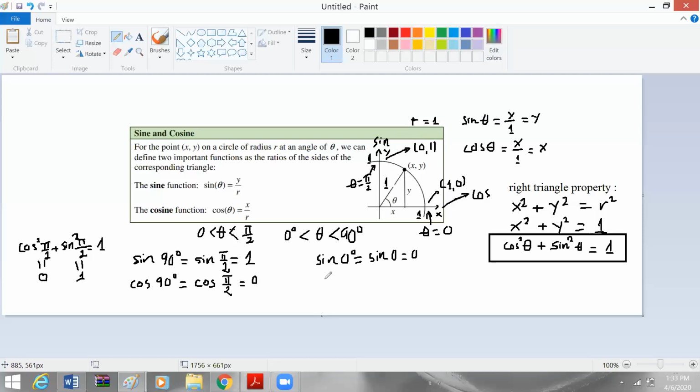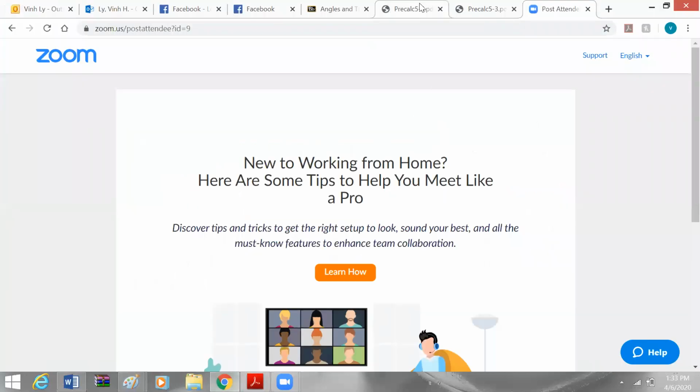Apparently, the cosine of 0 degree is basically the same as the cosine of 0 radian, which is equal to 1. And then we can also check with this part, and that literally going to give us the answer like that.